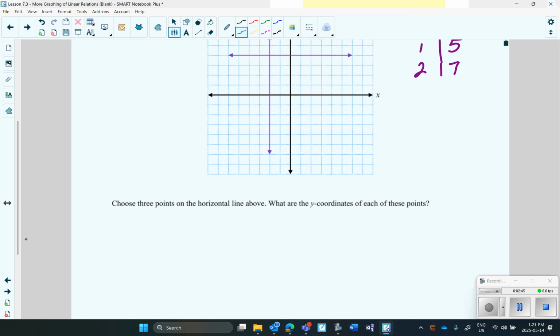What's this point? Negative 1, 4. So we've got negative 1, 4, we've got 0, 4, we've got 1, 4, 2, 4, 3, 4. We keep going. What do you notice? They all have 4s. Yes, the y coordinate is always 4.